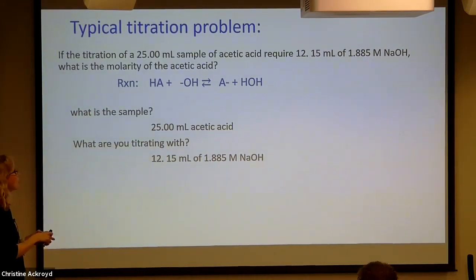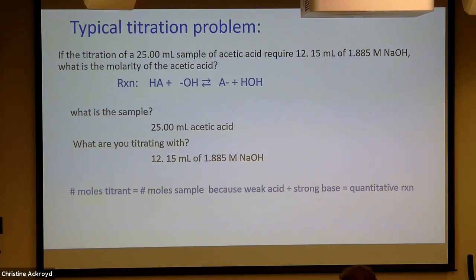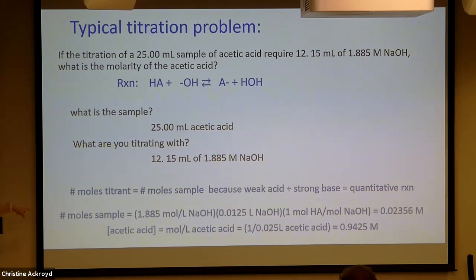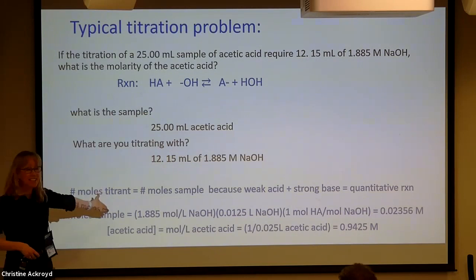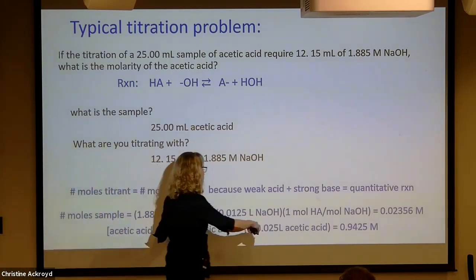You calculate the moles of sodium hydroxide by multiplying the concentration times the volume of sodium hydroxide. So the 1-to-1 mole ratio of hydroxide and acetic acid, and then you calculate your moles of acetic acid. So we calculate our number of moles of sample. We're essentially doing a stoichiometry problem here. We take a concentration times the volume of sodium hydroxide.